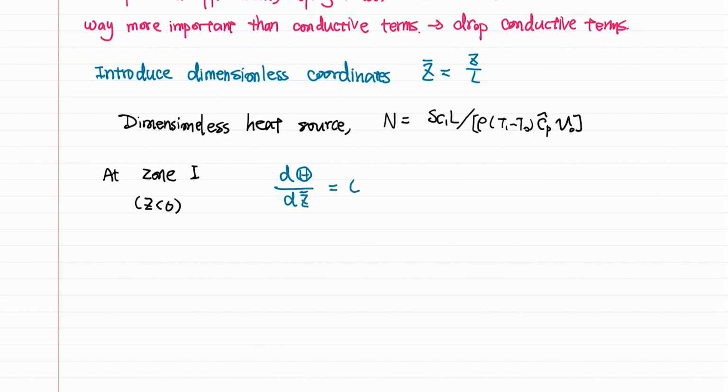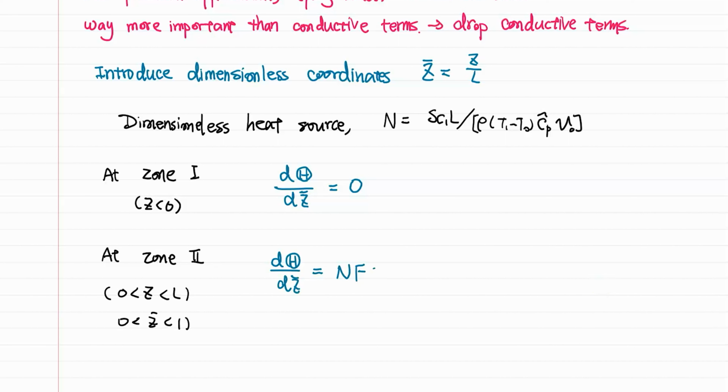And then at Zone 2, where z is between 0 and L, or Z bar between 0 and 1, we have dH/dZ bar equals the dimensionless heat source.